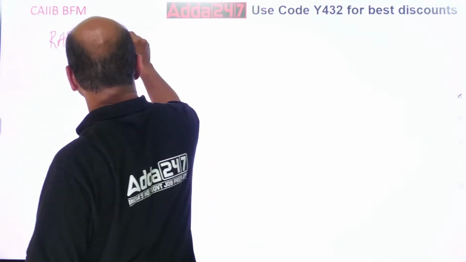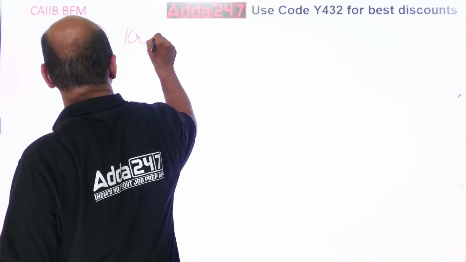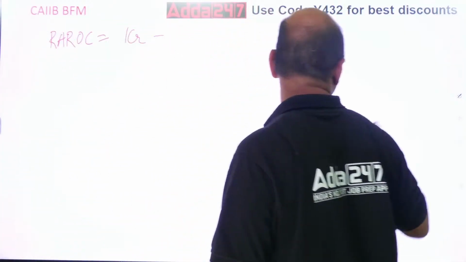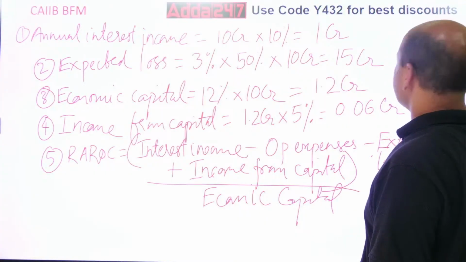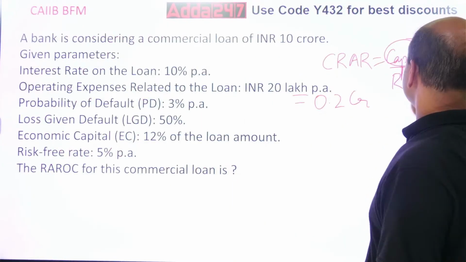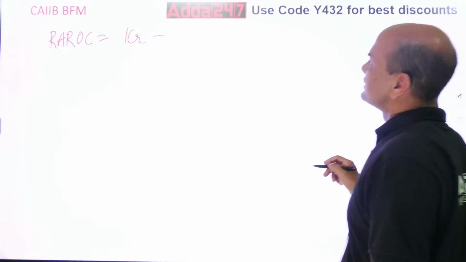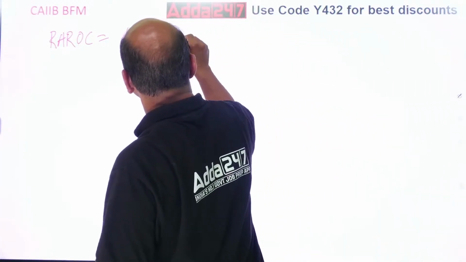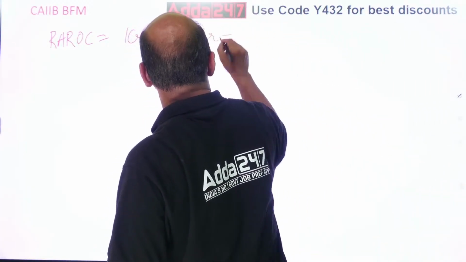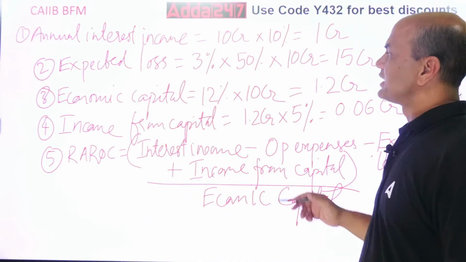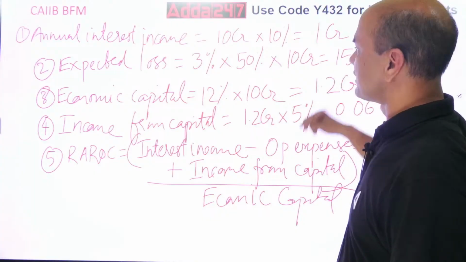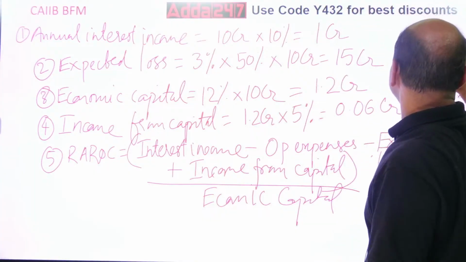Everyone get the calculation. So RAROC equals to interest income was 1 CR minus, what is the second one? Minus operating expenses. What are the operating expenses? 0.2 CR. So minus 0.2 CR. Minus, what is this? Something more is there. Expected loss. What is the expected loss? 15 CR. Right? So 15 CR.